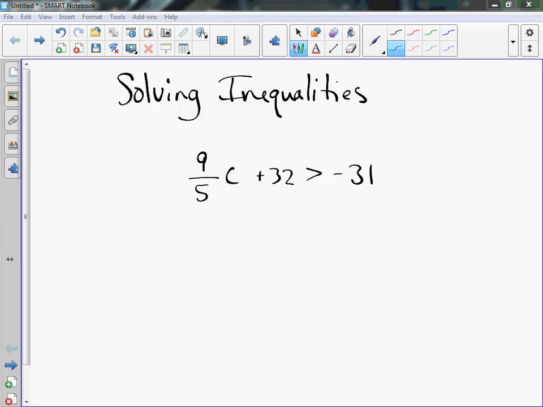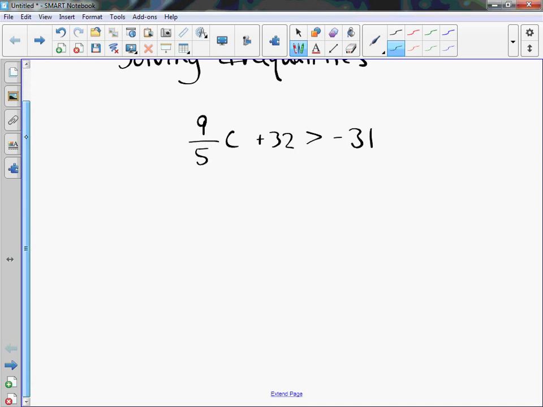Okay? So let's look at this one. 9/5 c plus 32 is greater than negative 31. Okay? We want to get the c by itself. So let's take the simplest operation, which is plus 32, and we will get rid of that by subtracting 32. Okay?